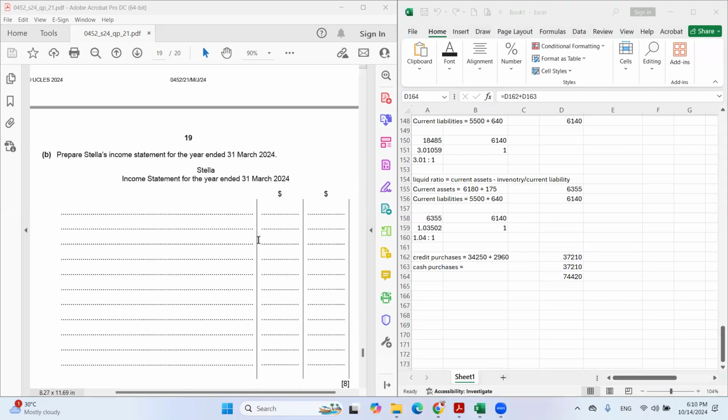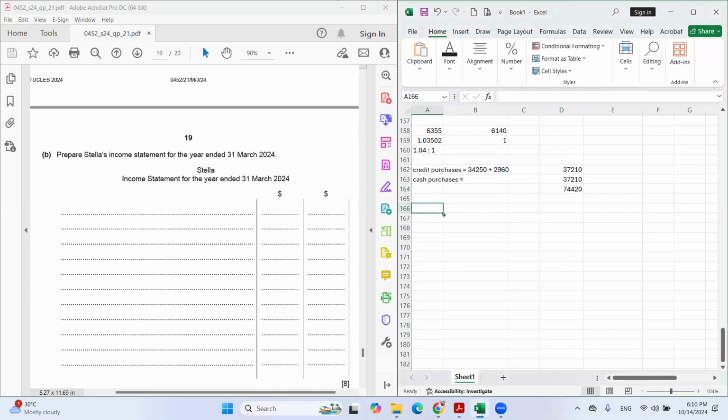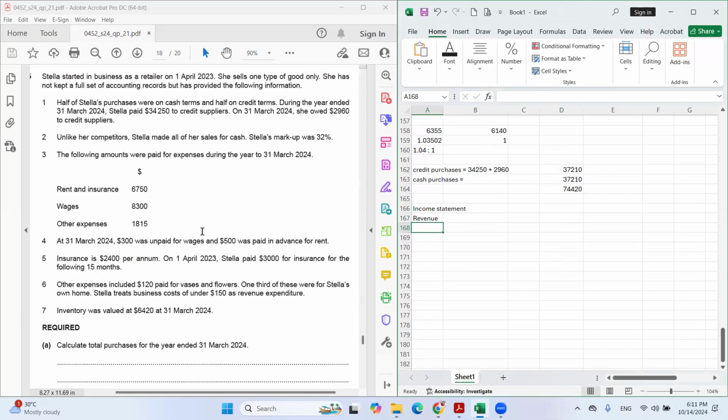Okay. The next one, they asked to prepare the income statement. So let's see what the information is for the income statement. Okay. The revenue is the first item. So what is the revenue that she has? Here they didn't mention. Okay, but the markup information will help her to find it. She made all of her sales for cash. They make only cash sales.